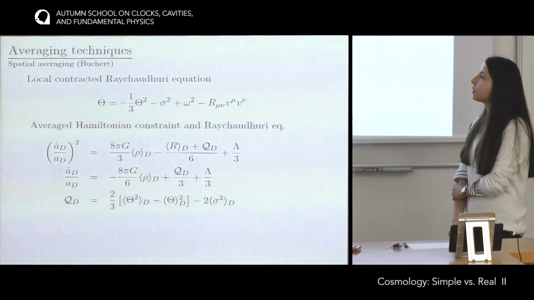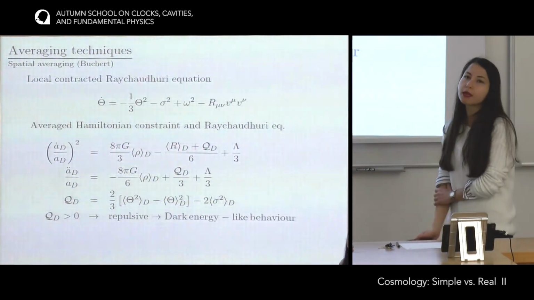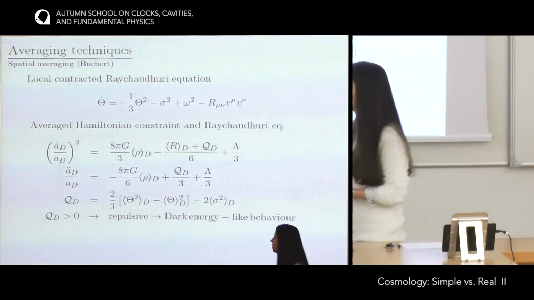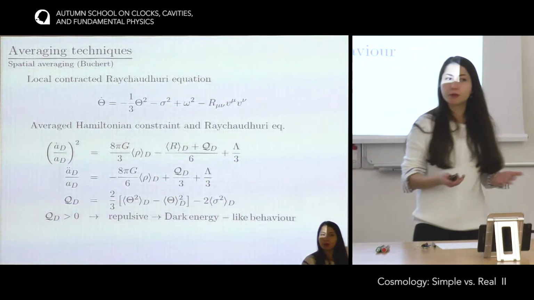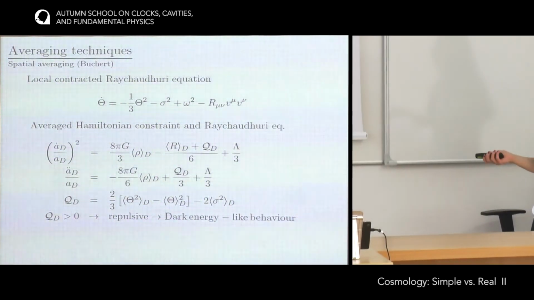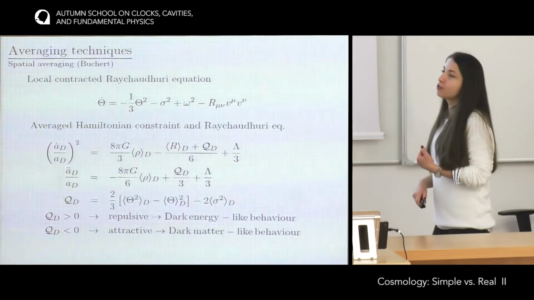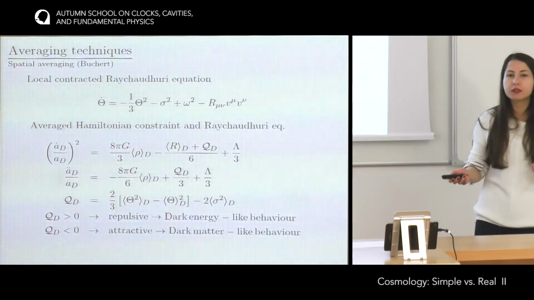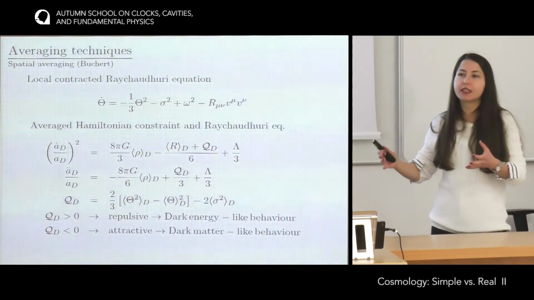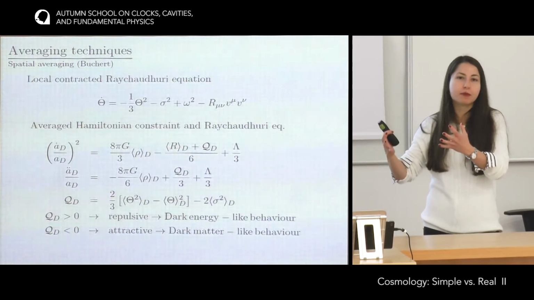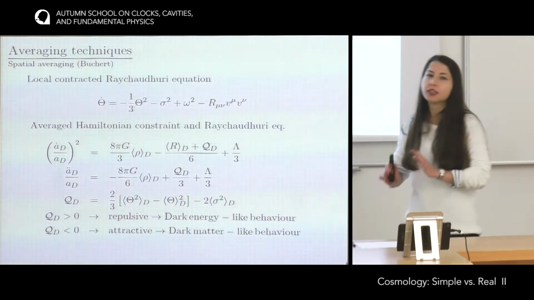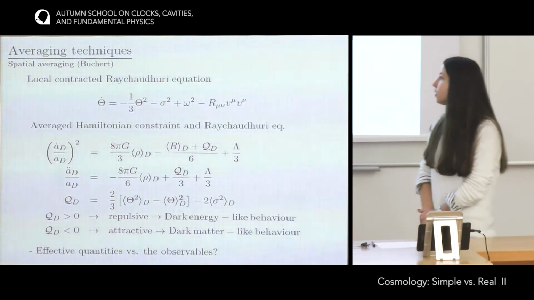So that was an important claim, because if this back reaction term, which is popping up due to this averaging procedure, is positive, it has a repulsive effect, and it can work as dark energy. And if it's negative, it has an attractive effect, and you can even model the behavior of dark matter this time, because dark matter acts like an extra matter that tries to clump things together, whereas dark energy has a repulsive effect.